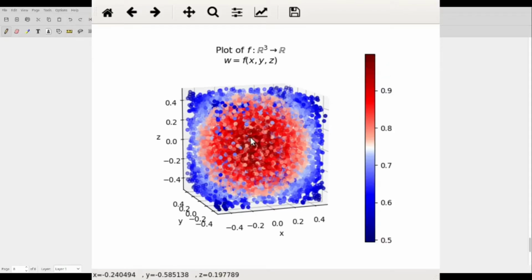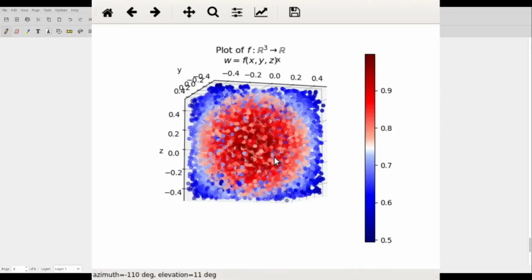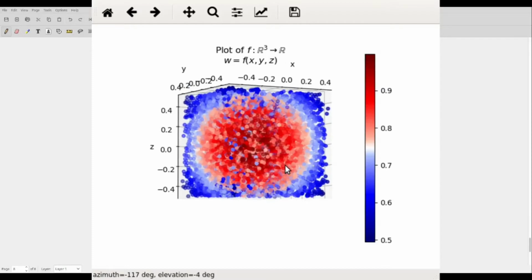I haven't plotted all points because the domain of the function is all values of x, y, and z. But as you move away from the origin, the value is getting closer and closer to 0, the minimum value of the function. So this is a pretty cool thing.